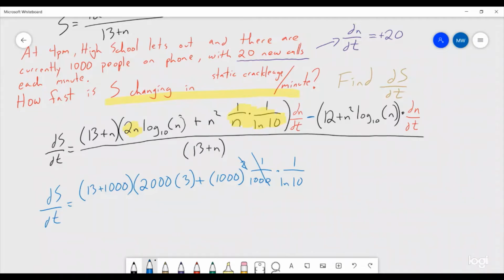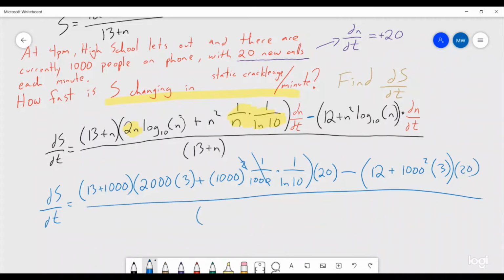Whoops, forgot the minus. All of that is times dN/dt, 20, minus 12 plus 1,000 squared log base 10 of 1,000, that's 3, times 20, all over 13 plus 1,000, so that's 1,013 squared.